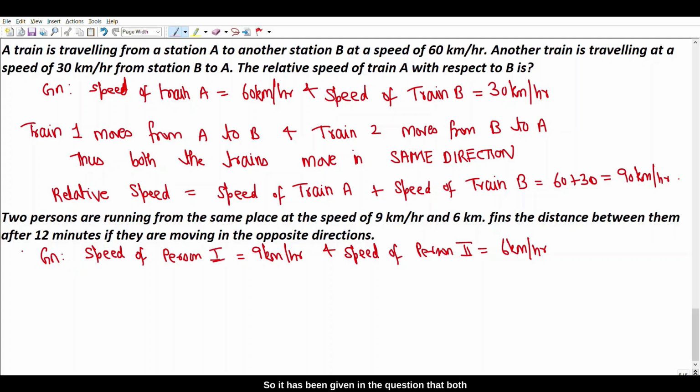So it has been given in the question that both persons move opposite, I'm sorry, with respect to each other.